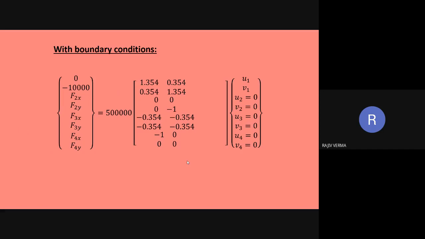And if you now look at these equations, because the forces acting on the second node, third node, and fourth node are not known, it basically means that we cannot use the third, fourth, fifth, sixth, seventh, and the eighth equation.